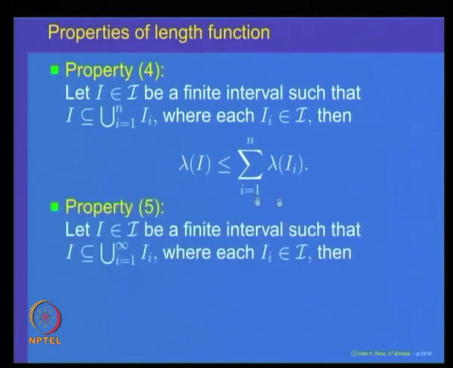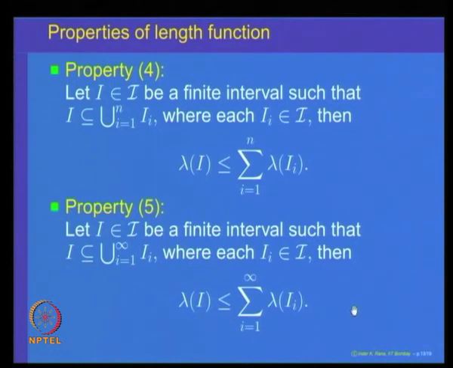Let us look at an extension of this property, namely supposing I is a finite interval such that I is covered by a union of intervals I i's, 1 to infinity. That means the interval I is covered by a countable union of intervals I i's. Then again the claim is length of I is less than or equal to summation length of I i's.